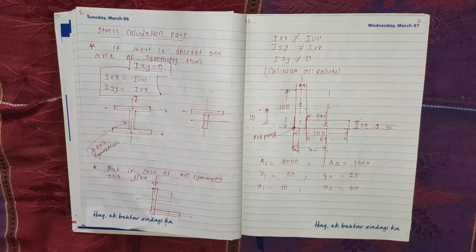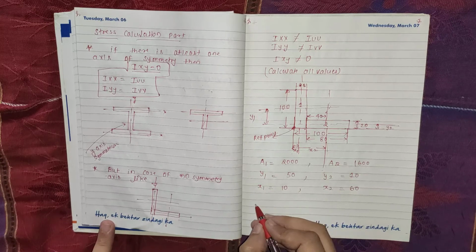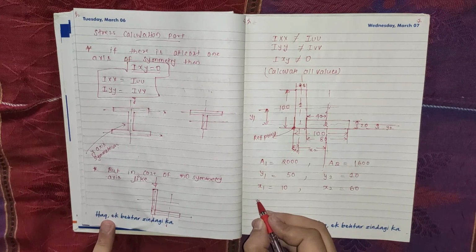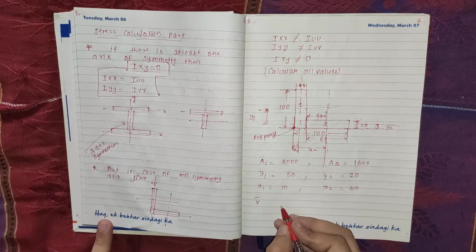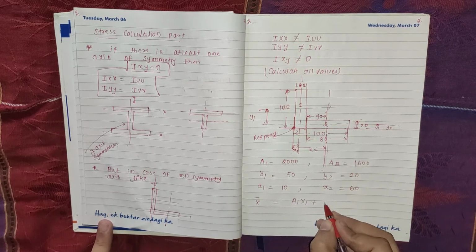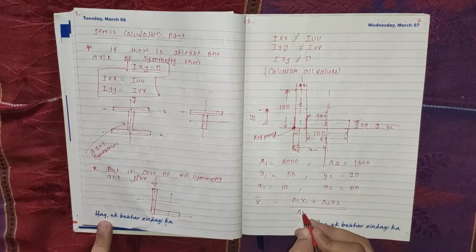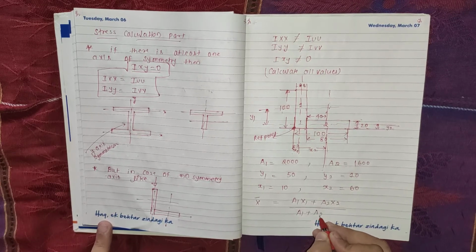Now we already know the first area moment theorem: the CG of this section, x bar, is equal to area 1 x1 plus area 2 x2 upon area 1 plus area 2.